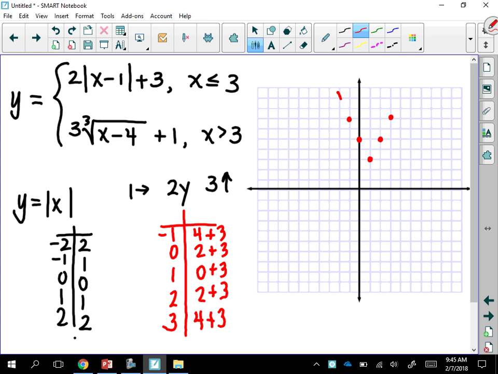If all I was doing was graphing the absolute value function, there it is. Now it'd be done. Except that's not all I'm doing. Okay? This is a piecewise function, and I'm only going to graph this absolute value over this domain. So now I need to go back to my graph and say, I want to keep the part of the graph where x is less than or equal to 3.